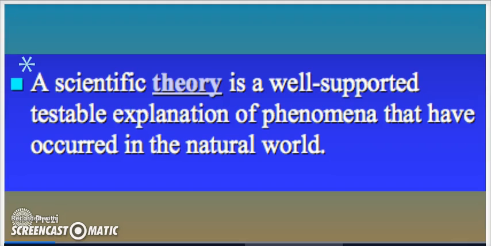In other words, a theory is a well-tested idea that has been tested a multitude of times by many different scientists, and the results have all shown that the theory is in fact correct. So when we talk about a theory, it's a pretty big deal in science. Please write this information down. This will go on the right-hand side of your sheet, by the way.